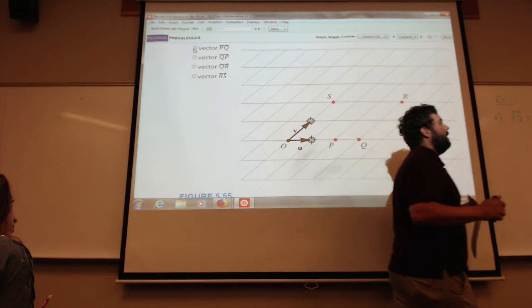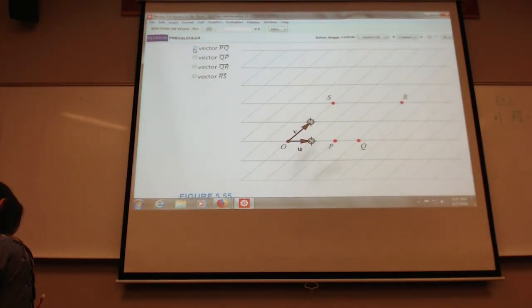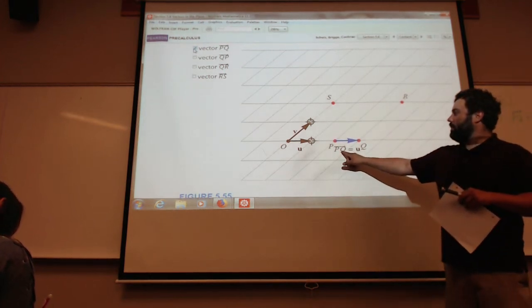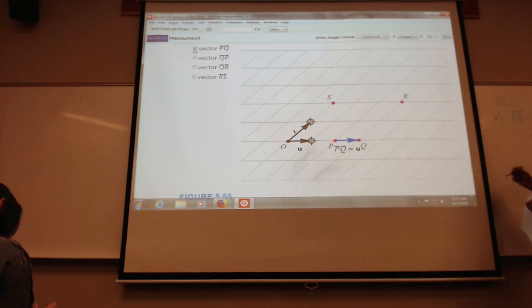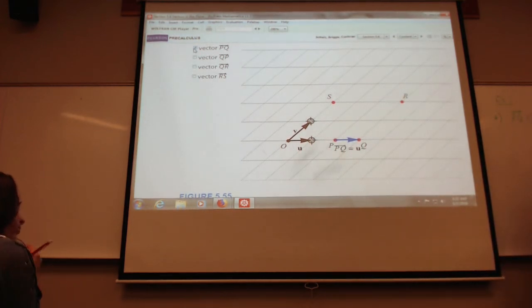Just 1 unit again. So what's the difference between u and, well, it told us right here, the vector PQ is really the same as the vector u. They're in different positions, but they have the same direction and the same length.